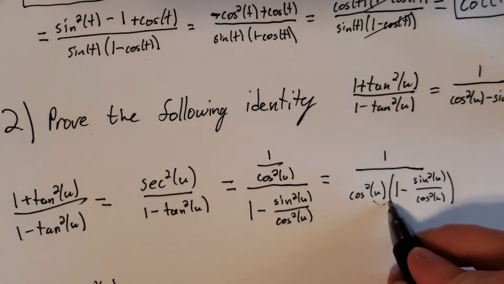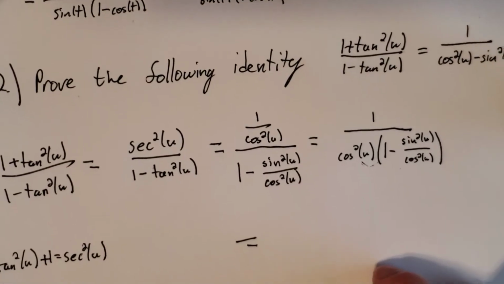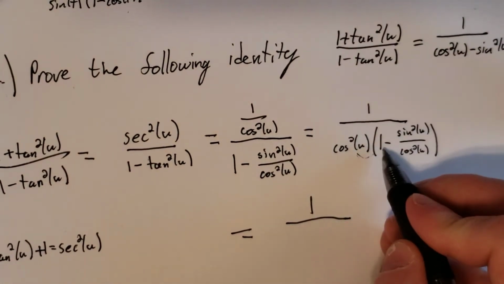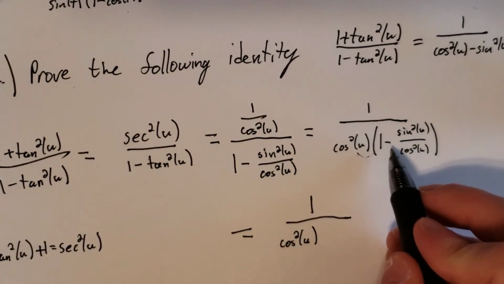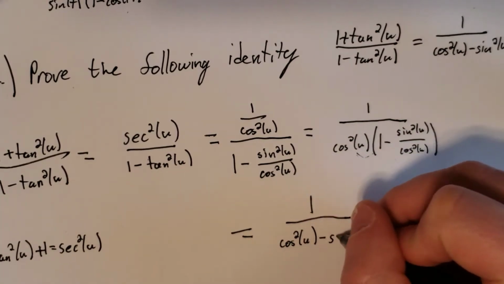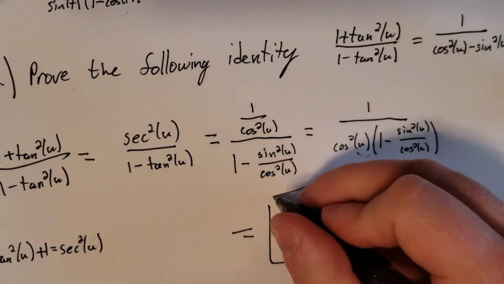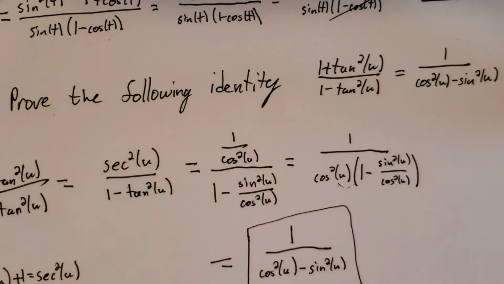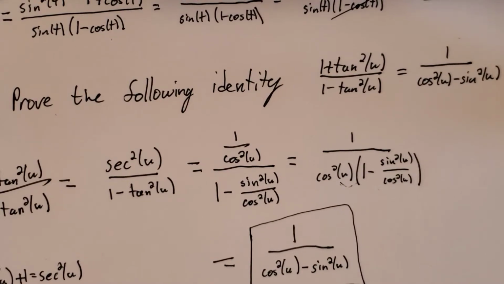If we distribute the cosine squared here, we get that this is equal to 1 over cosine squared times 1 is cosine squared. Cosine squared times negative sine squared over cosine squared is just a negative sine squared. And we are done. We've reached the side that we wanted, right? We've reached that right side, the expression that we had wanted.